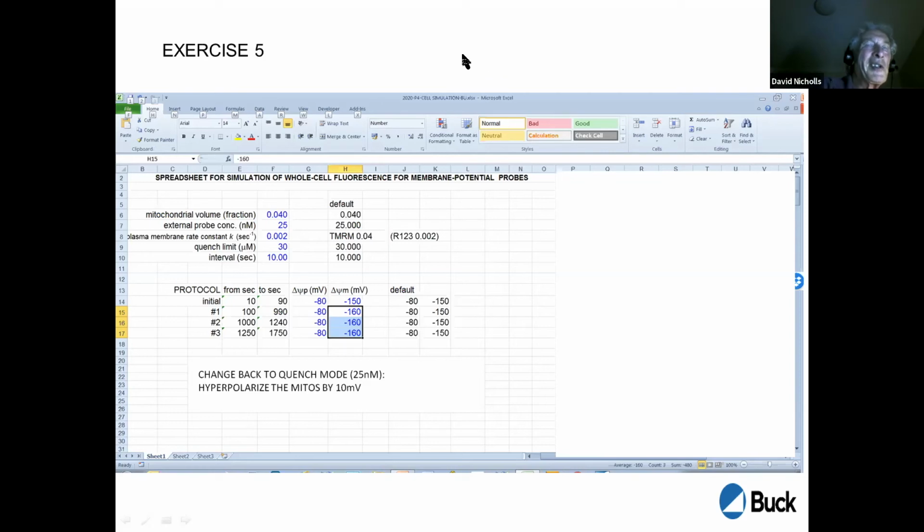That's the exercise. Just two very simple things. And then I want you to imagine conditions in which the membrane potential could change by this small amount, and what information you could get from looking at a cell population.